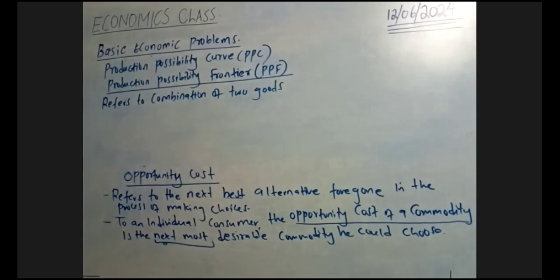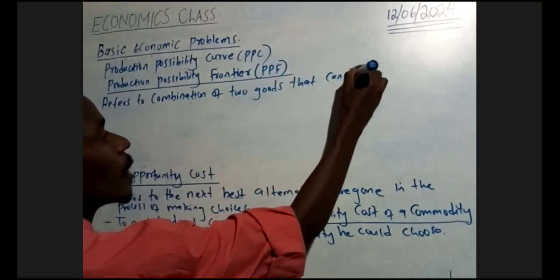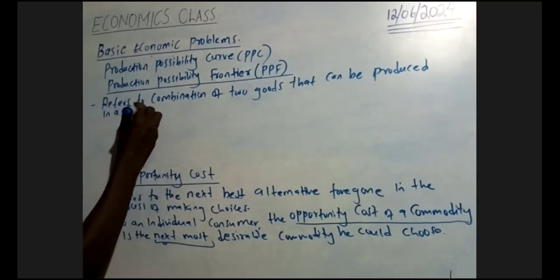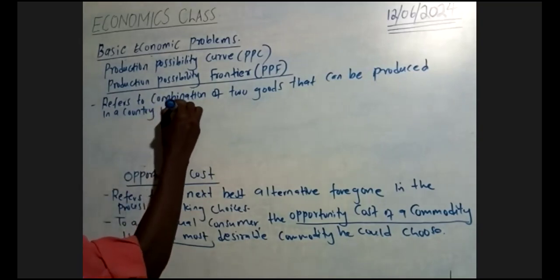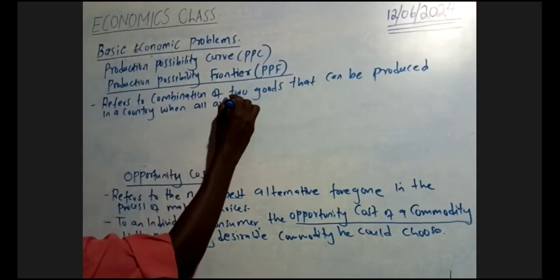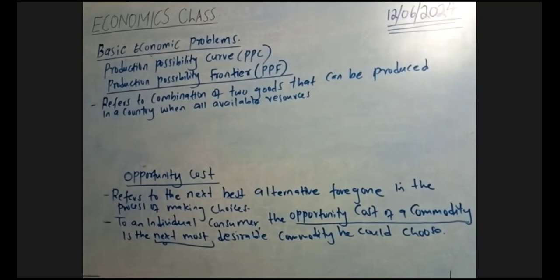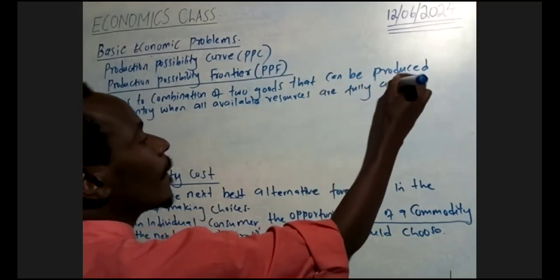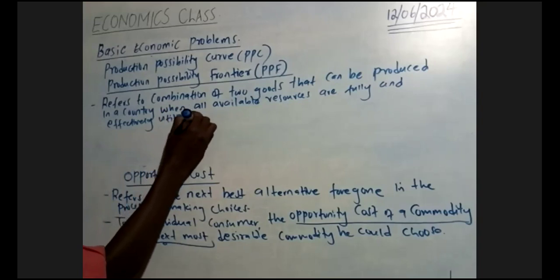Refers to the combination of two goods that can be produced in a country when all available resources are fully and effectively utilized.